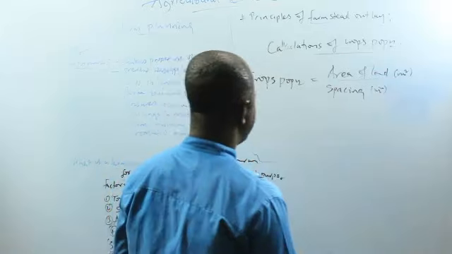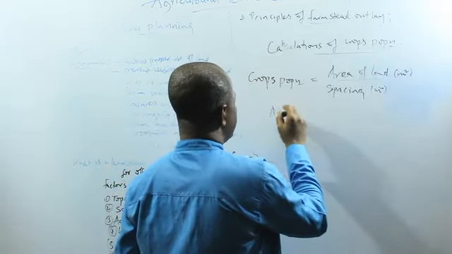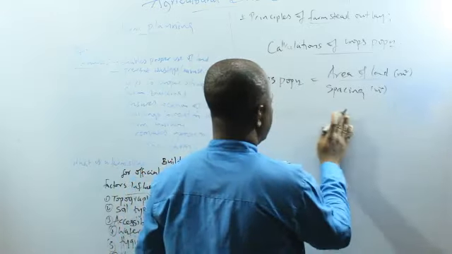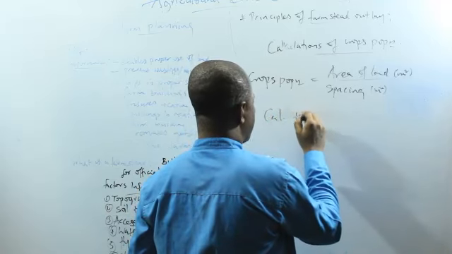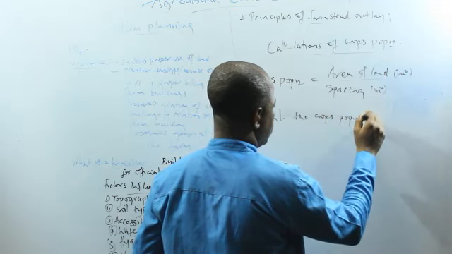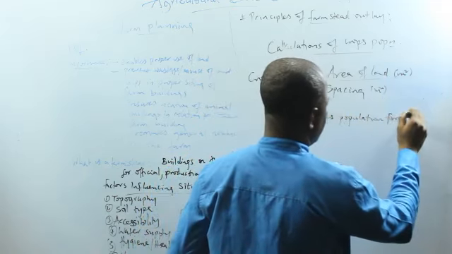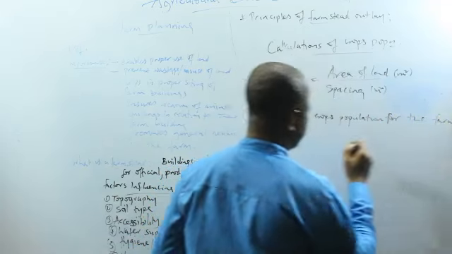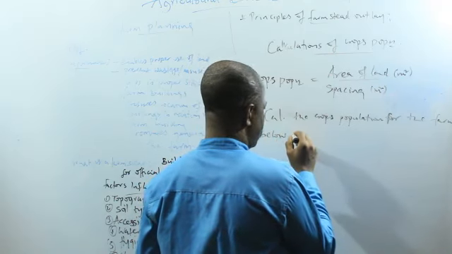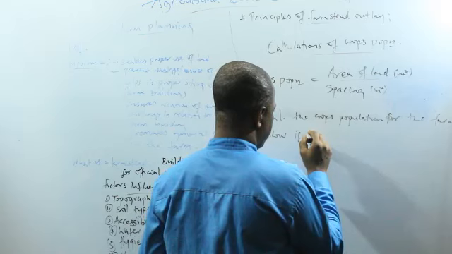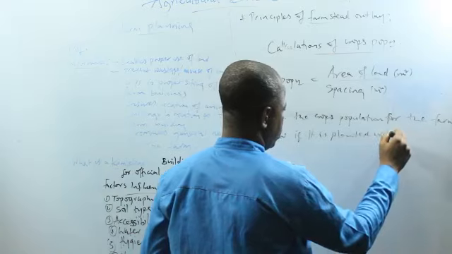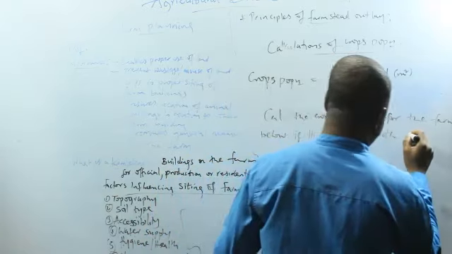We can say: calculate the crop population for the farm below if it is planted with cassava.